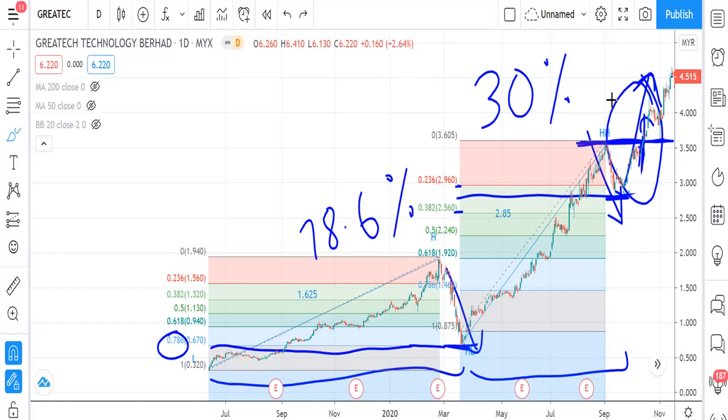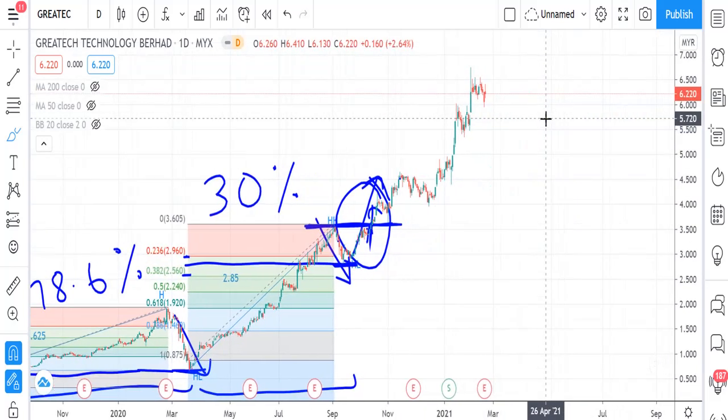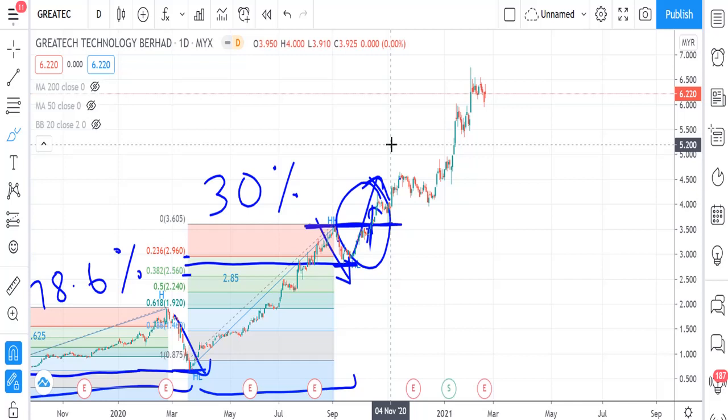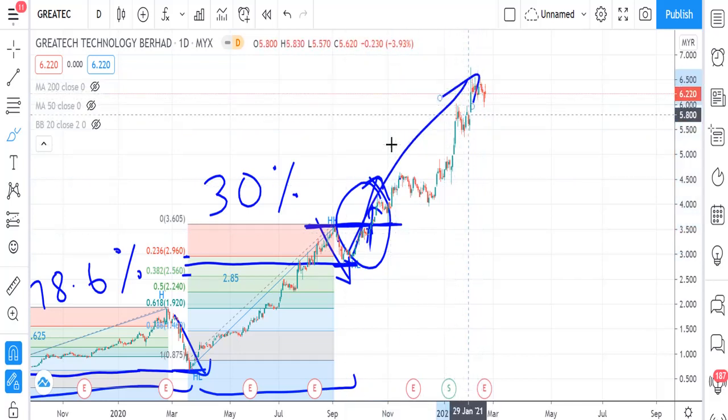So the moment the second loop retracement is lower than the first loop, that indicates to us the power is still there. In this chart, after it retraced 30%, it went all the way up. If I scroll this chart, see the way it moves very, very high. Even up to now it's still moving upward, and you see the power.